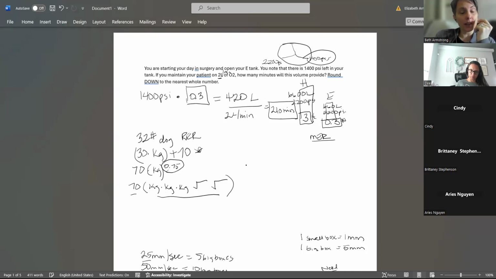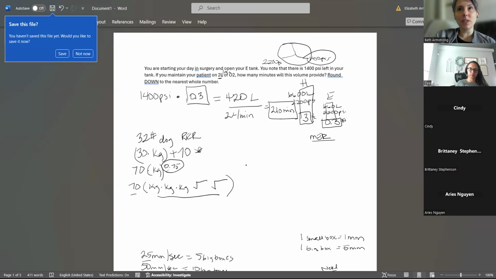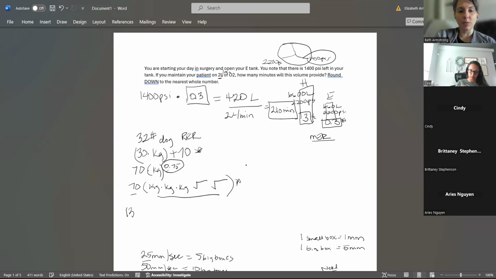But I do like to tell you about this in case we are in practice and they want to utilize this. Not only for RER, but they also have this for a fluid rate calculation too. Fluid rate for dogs is technically 132 times kilograms to 0.75, and cats is 80 times kilograms to 0.75.